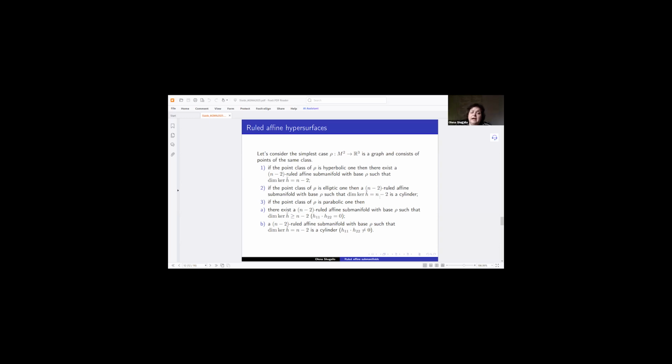Either there exist n minus 2 ruled affine submanifolds, in case the affine fundamental form of surface rho satisfies such a condition, or it may be a cylinder if this condition is not satisfied, so H11 multiplied by H22 is not equal to 0. So we have this not just in this case for two-dimensional surfaces.